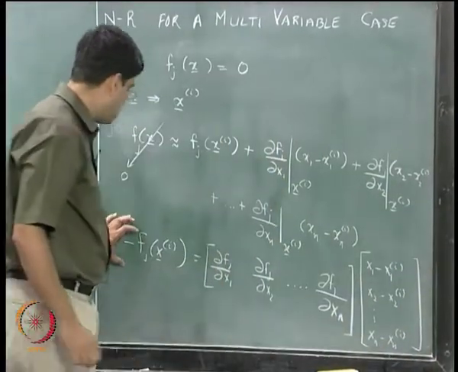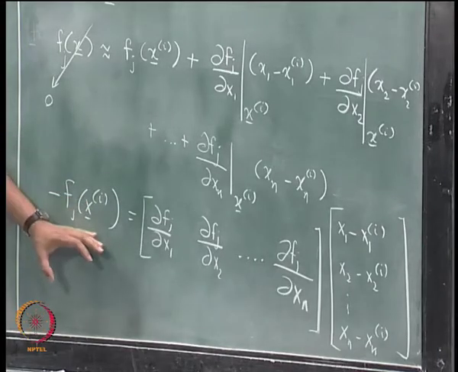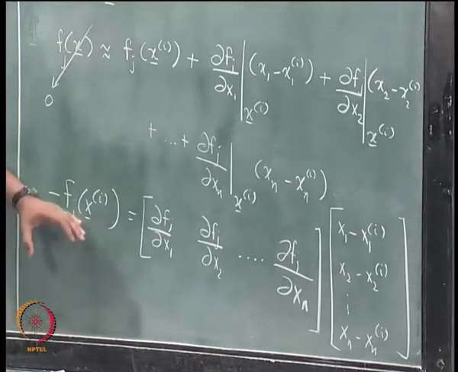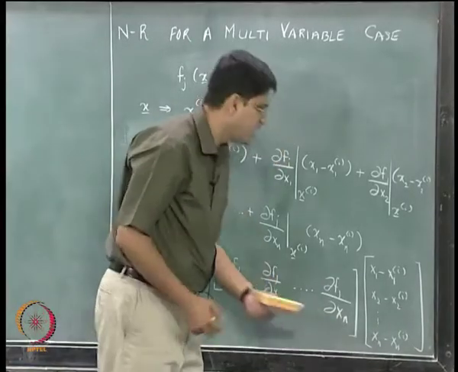Okay. So this is what we are going to get for fj. We'll get this for f1, we'll get this for f2, we'll get this for f3 and so on, we'll get it for all of the n functions.